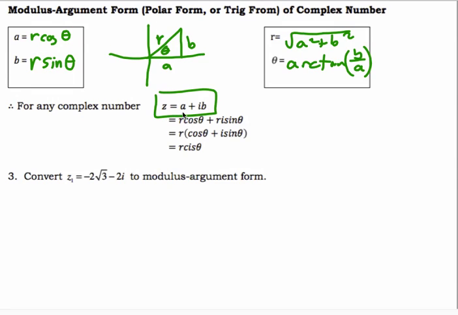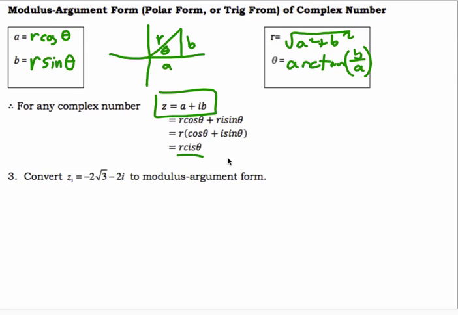So you can see now we start off with a complex number, and we can write it like this. But we can replace the A and the B with R cosine theta and R sine theta, and factor out the R. Because we're going to be writing this many times when we're doing complex numbers, we've come up with a shorthand notation called cis. So cis means cosine theta plus I sine theta. It's just a short way of writing it.